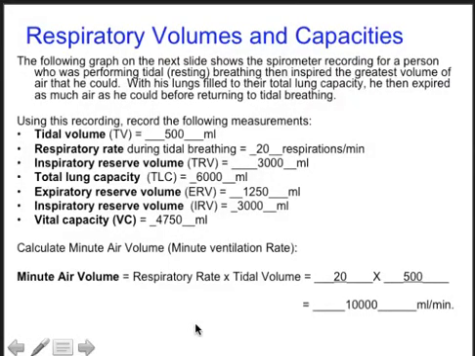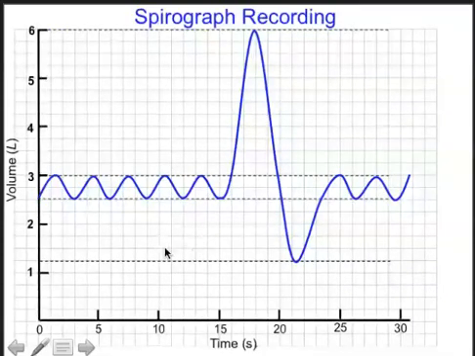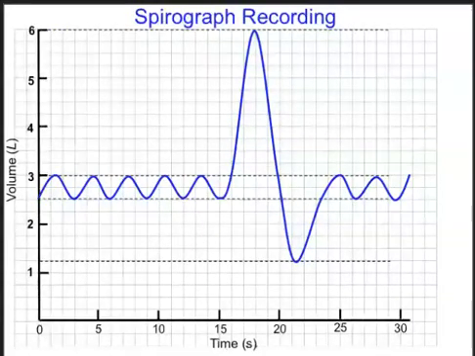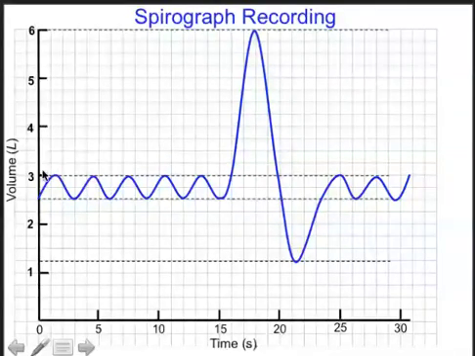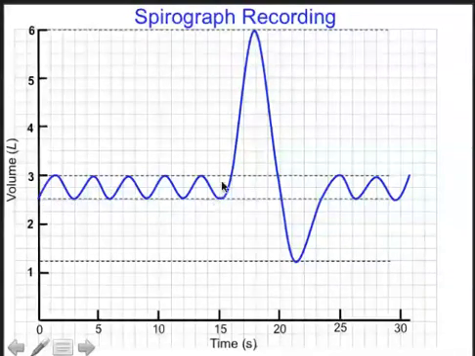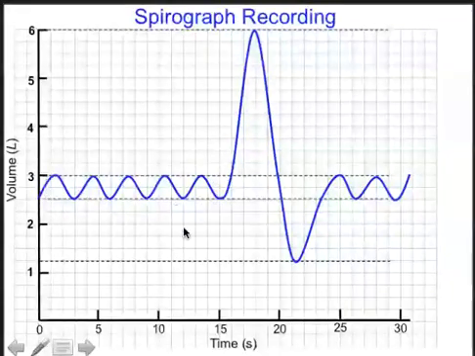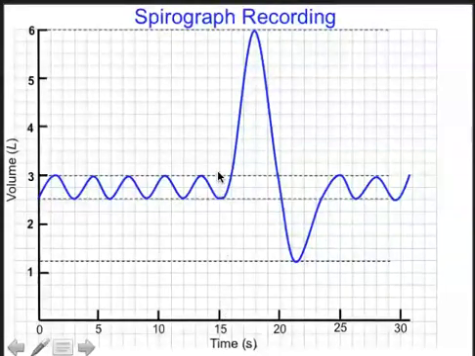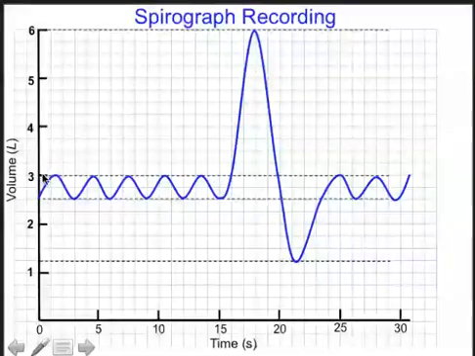Actually, if we go back here real quick, another thing we can compute is the number of breaths per minute. So how do we measure that? Well, we take the tidal respiration, which is going to be this area here. This area here is blocked off as representing a total time lapse of 15 seconds.